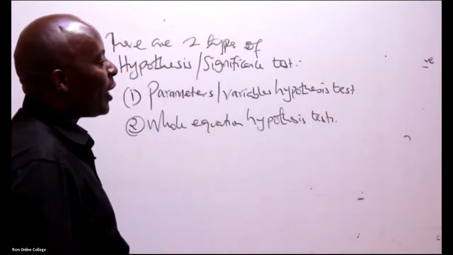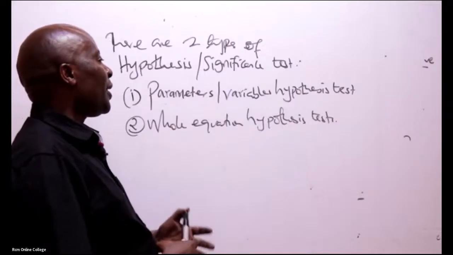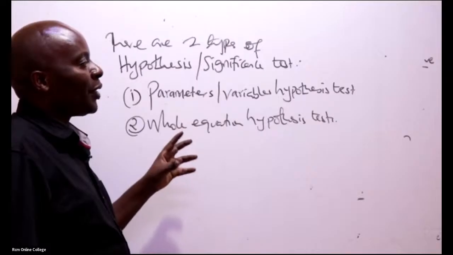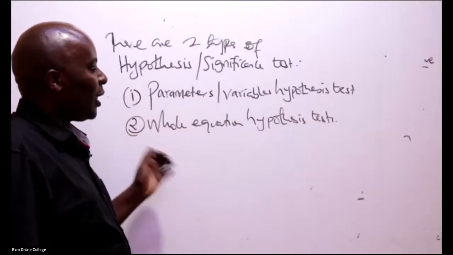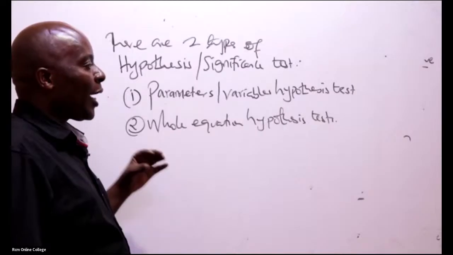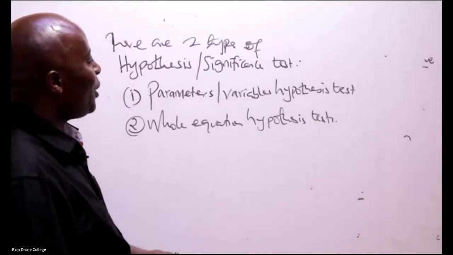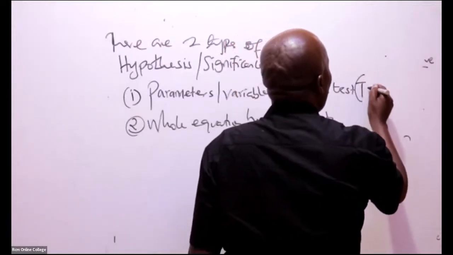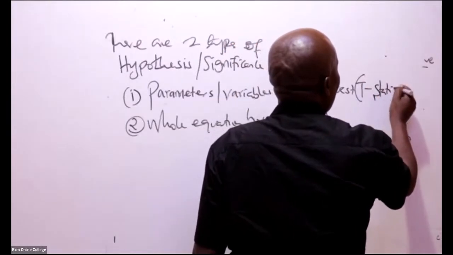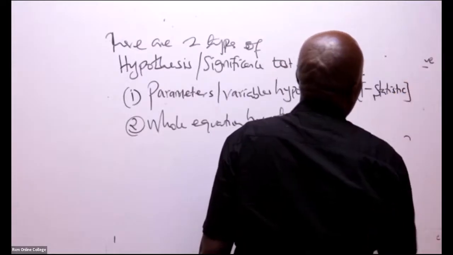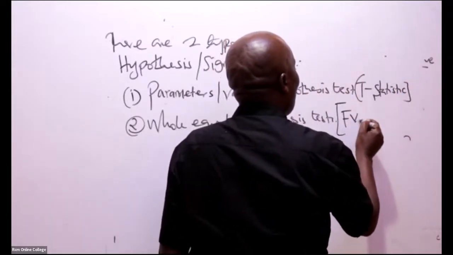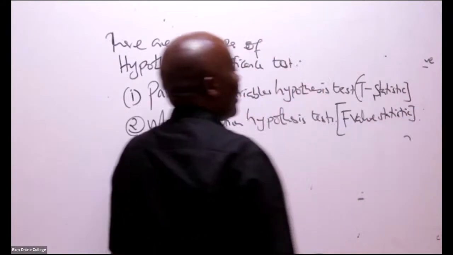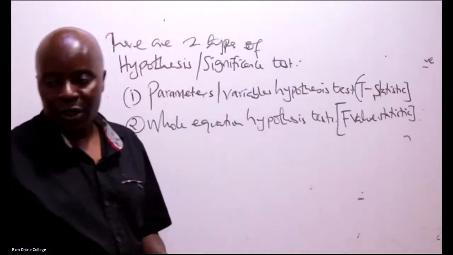So we have 2 types of hypothesis tests: individual parameters hypothesis tests, and what we call a whole equation hypothesis test. Now for the parameters, or variables, hypothesis test, we shall always use what we call the T statistic. And here, for the whole equation, we shall always use what we call the F value statistic.